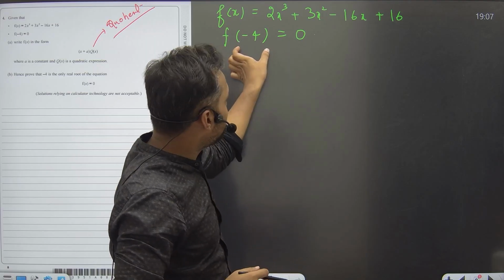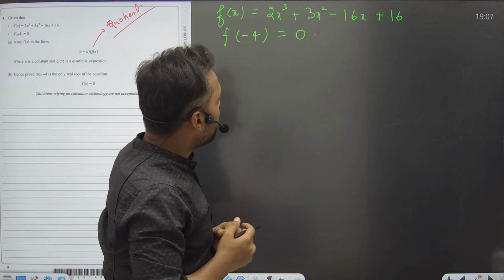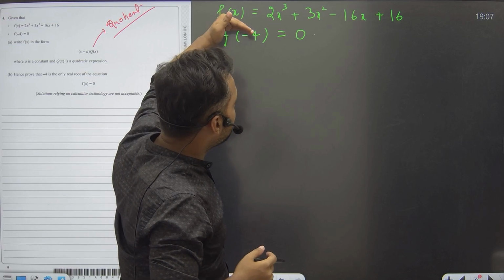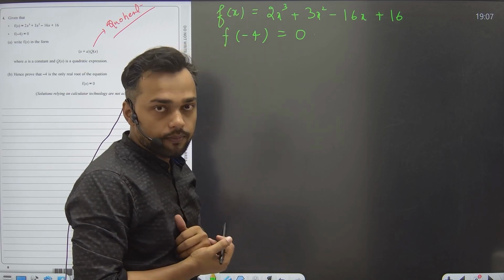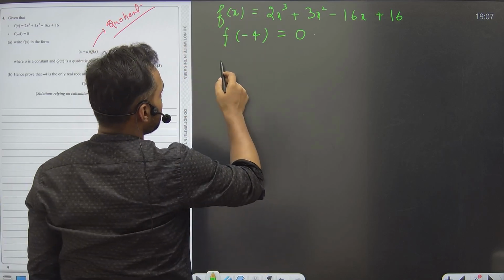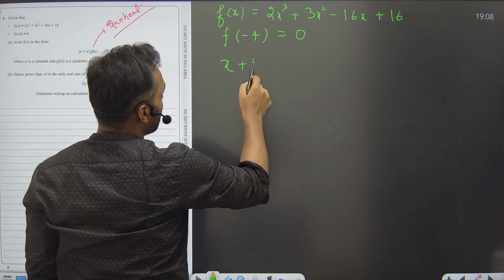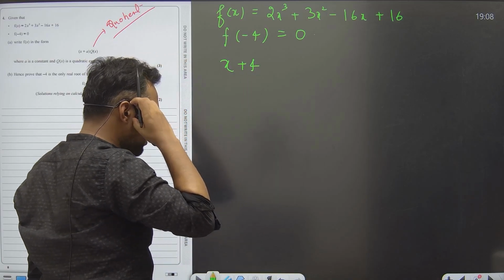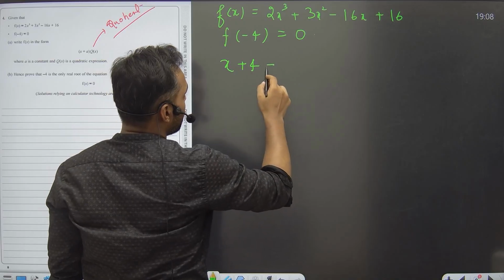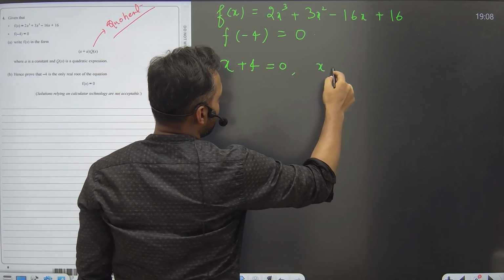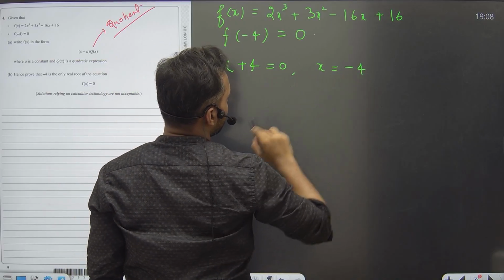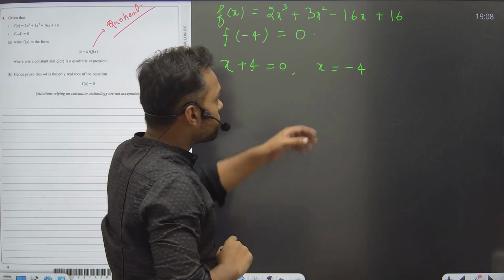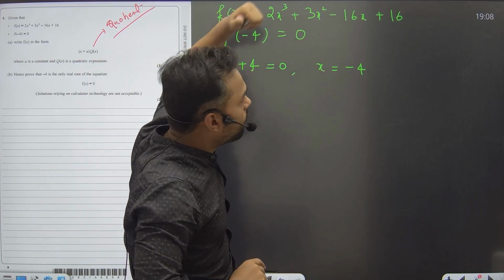So we can say that negative 4 is one of the zeros of this equation. So let's take the expression x plus 4 equal to 0. From here you will get x equals negative 4. So this is one of the roots of this equation.